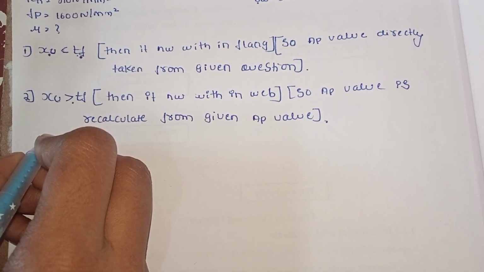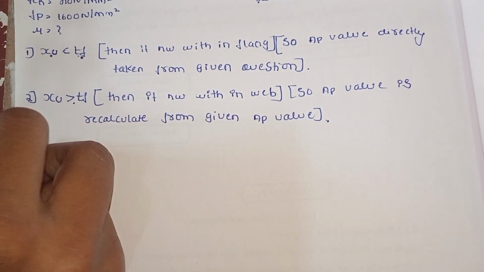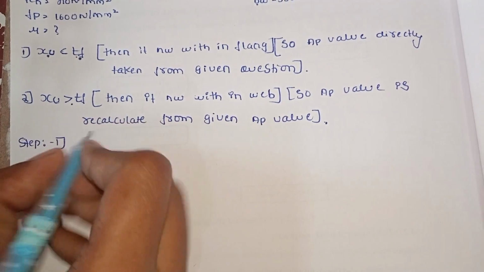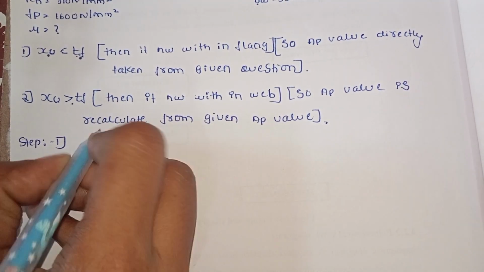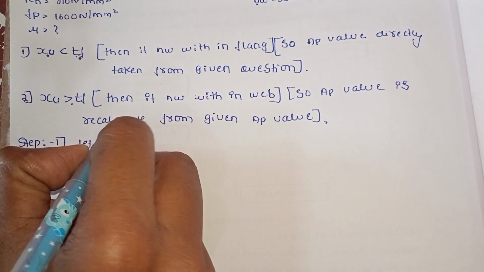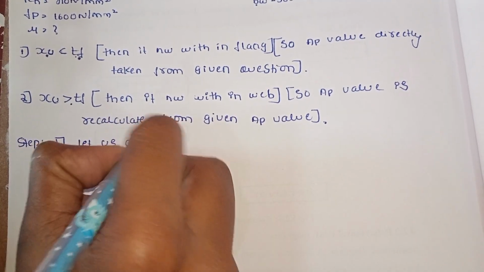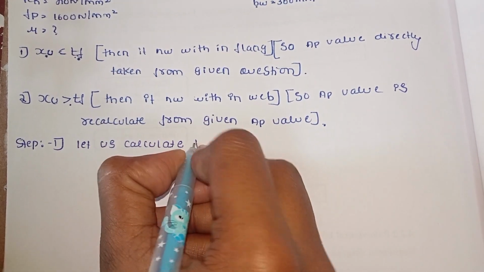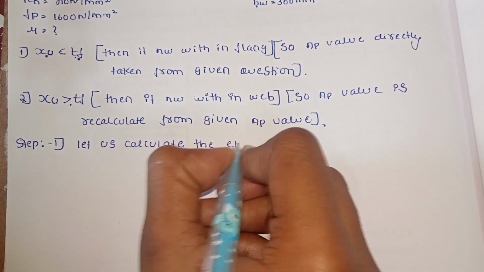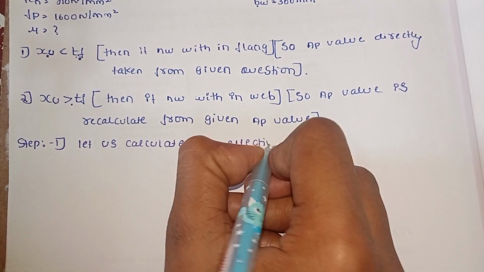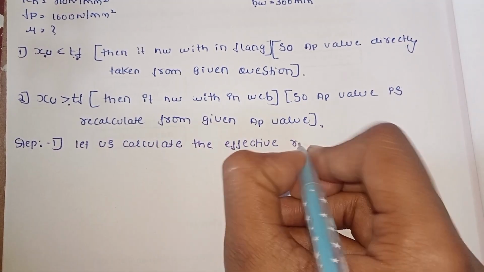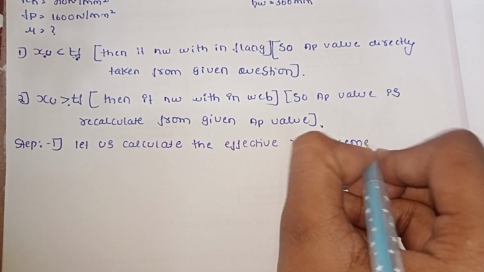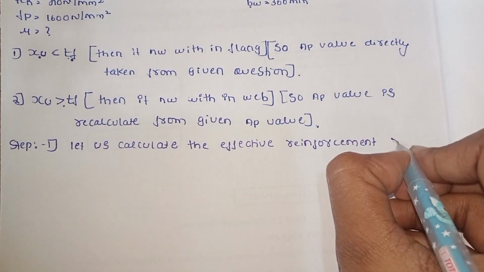Then continue the problem. Step number 1: let us calculate the effective reinforcement ratio.